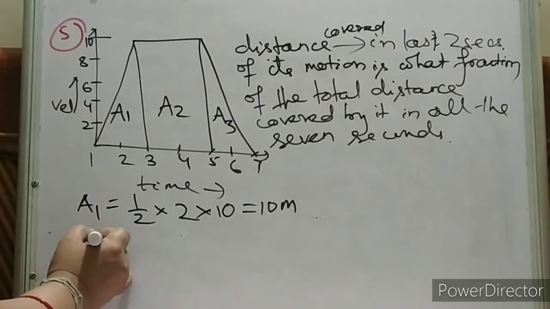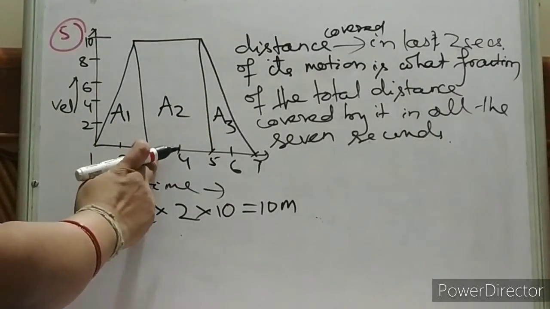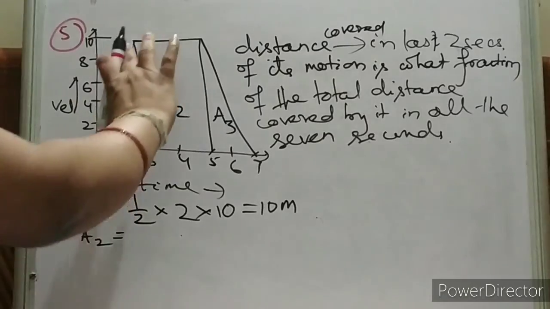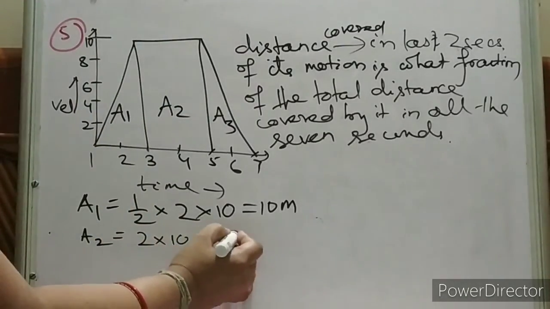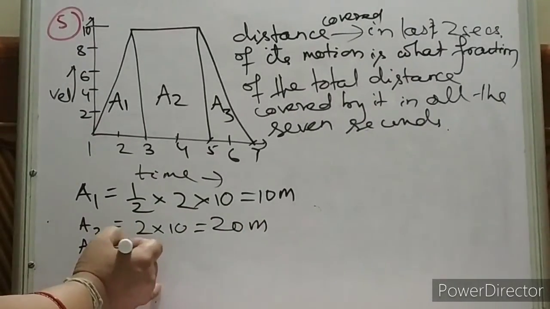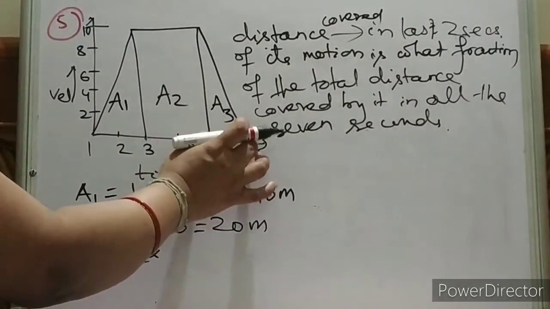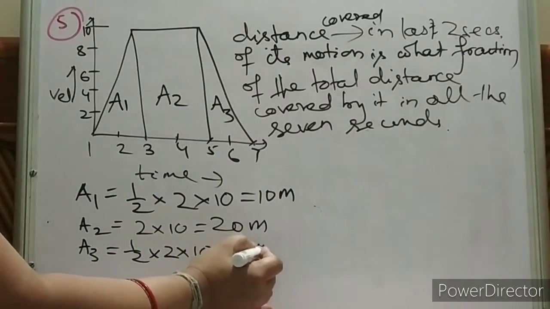What is A2? Simply a rectangle. So base is 5 minus 3 is 2 and then 10. So it is 2 into 10 is equal to 20 meter. What is A3? Half into 2, this is your last 2 seconds children, into 10 is equal to 10 meter.